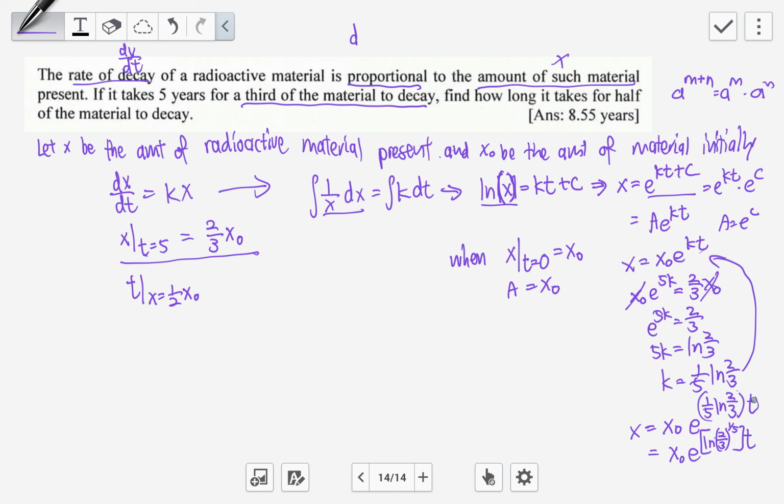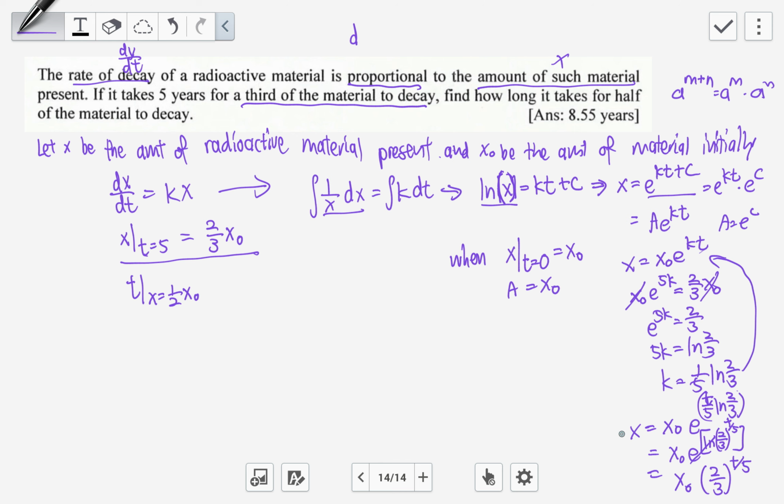This t could also go into the power as well, because they are multiplied. Then e and ln will cancel off, and so we have x equals x0 (2/3)^(t/5), right?